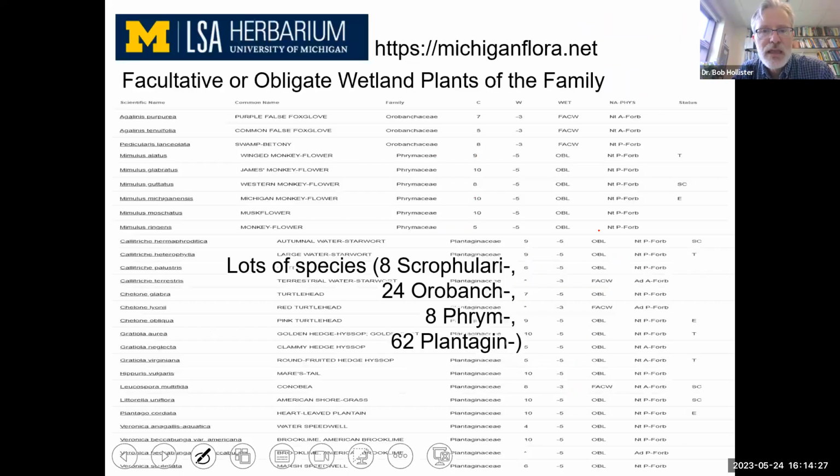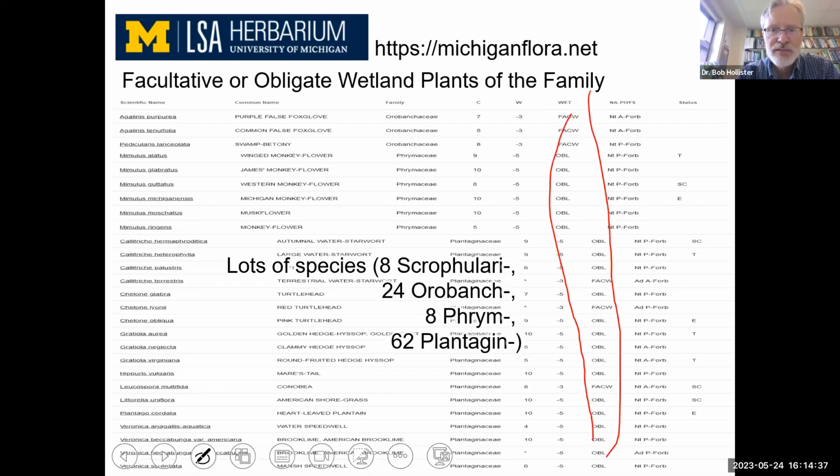Okay, there's a lot of species. So this is showing all the wetland ones, okay? And then in total, there's a bunch more. These are the total for upland. Well, I didn't total them there, but almost 100 species.